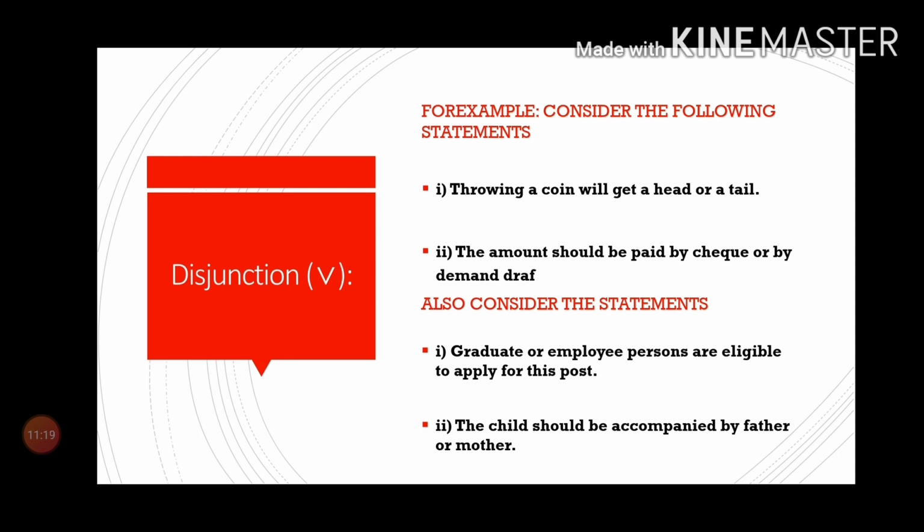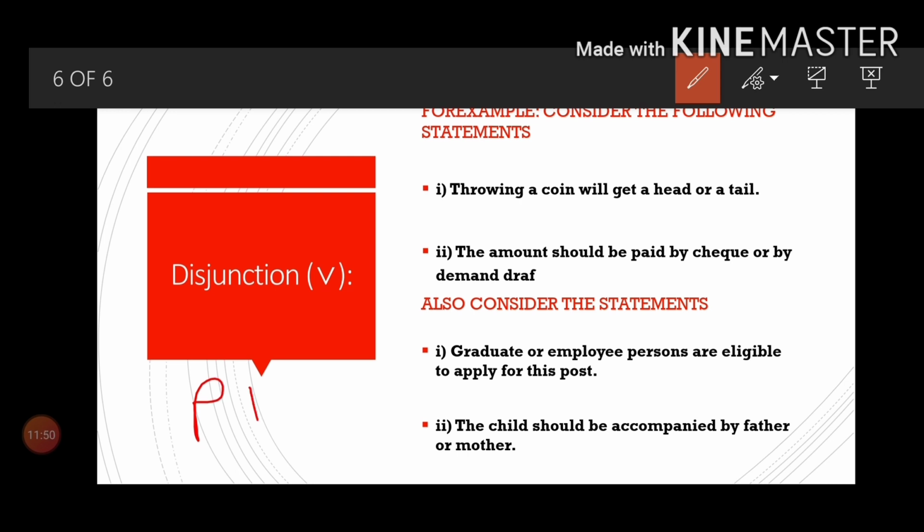Next point, disjunction. Listen carefully. If P and Q are two simple statements connected by the word 'or', then the resulting compound statement 'P or Q' is called the disjunction.